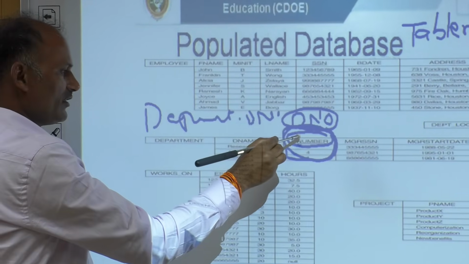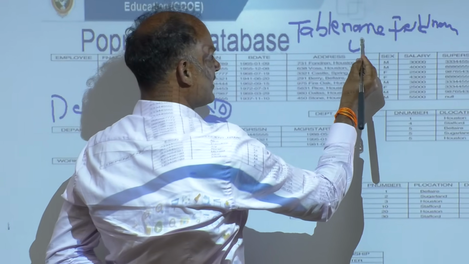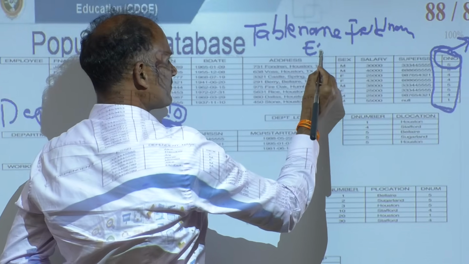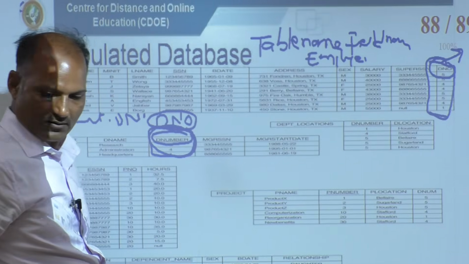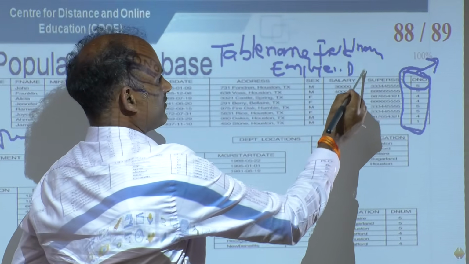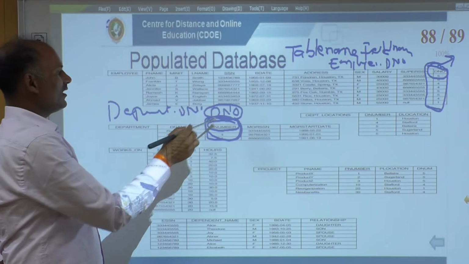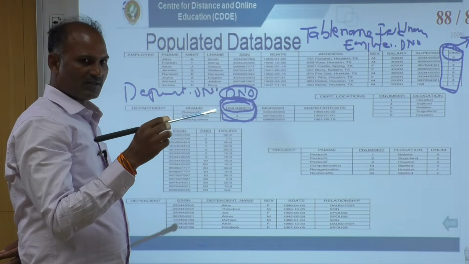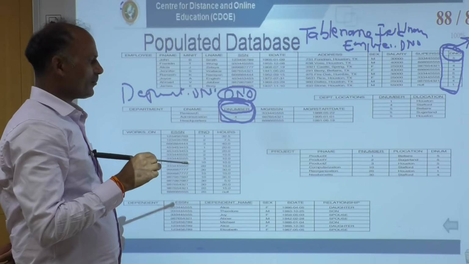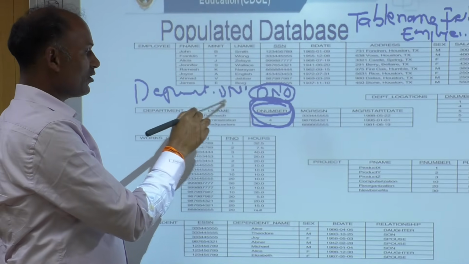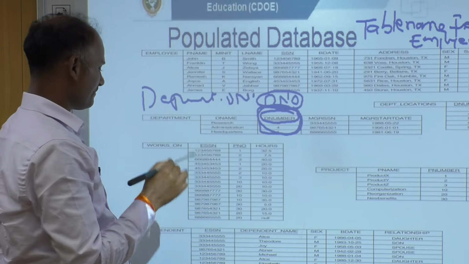Suppose you want to display the information from the employee table, then you use employee dot d number. It means that the ambiguity in the field name can be avoided by incorporating the relation name, that is, the table name.